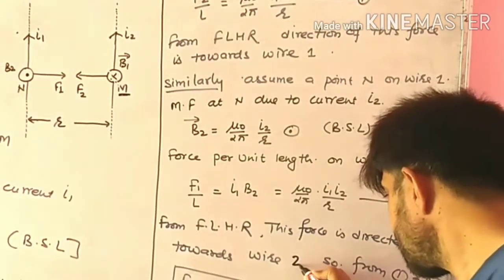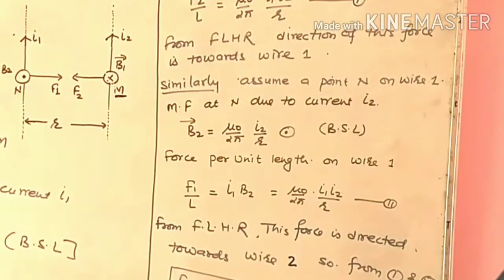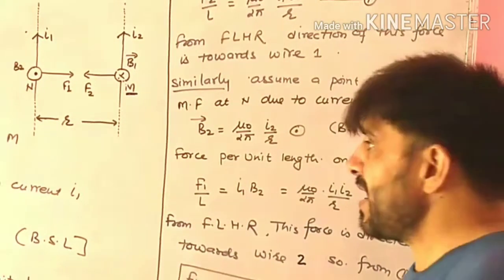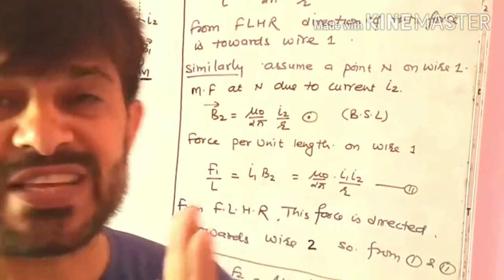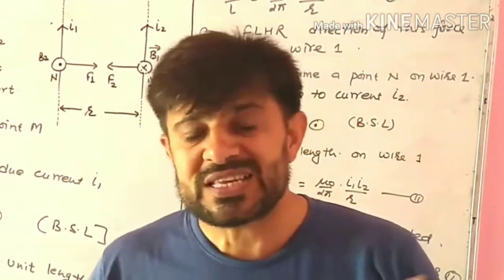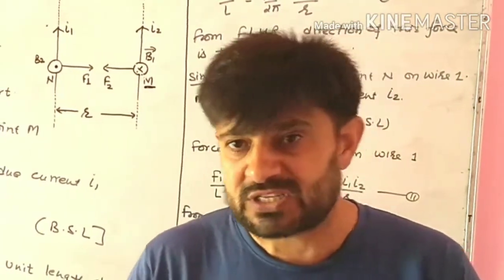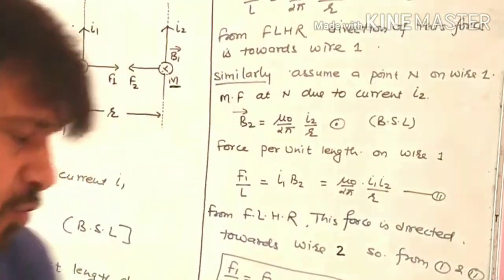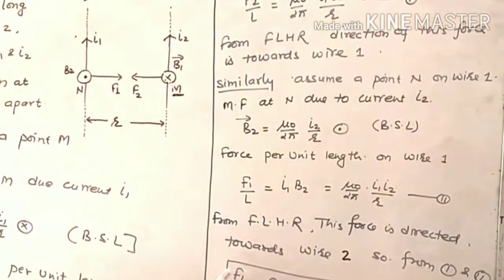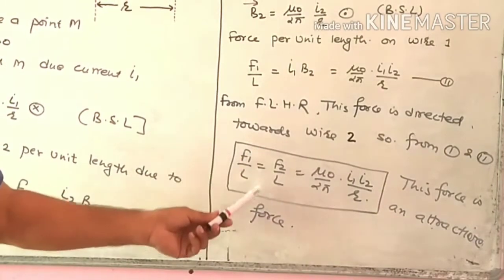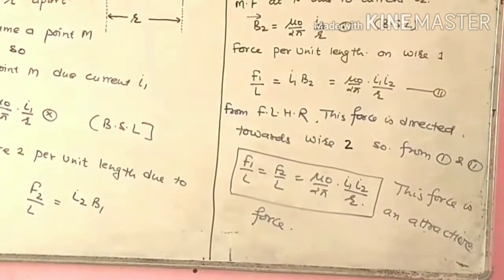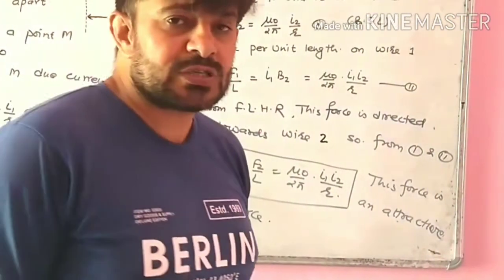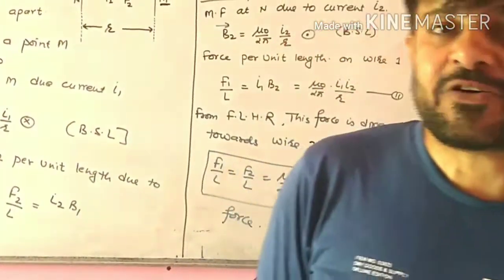इस फोर्स की डायरेक्शन वायर 2 की तरफ होगी, और वायर 2 का फोर्स वायर 1 की तरफ, यानी both the forces are directed towards each other, so we call this an attractive pair of forces. From equation 1 and 2 we can easily summarize that F1 upon L equals F2 upon L equals mu 0 upon 2 pi I1 I2 upon R, and this force is attractive by nature.